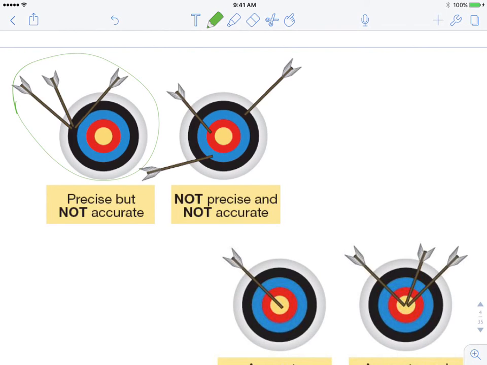Over here, the second one, this is me actually shooting an arrow. Here I have a situation where I don't get reproducible results at all, but I also don't get anything that's accurate. So I'm neither accurate nor precise.